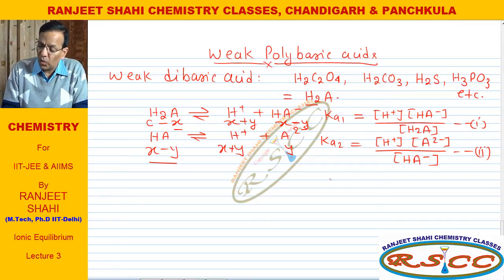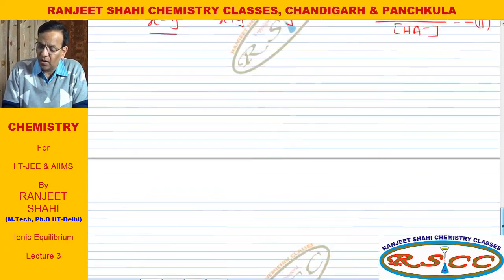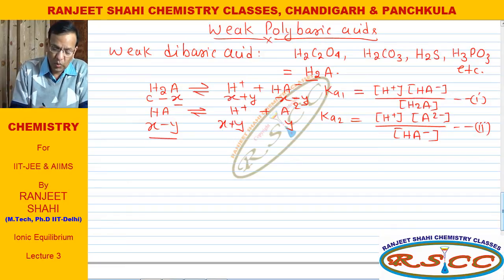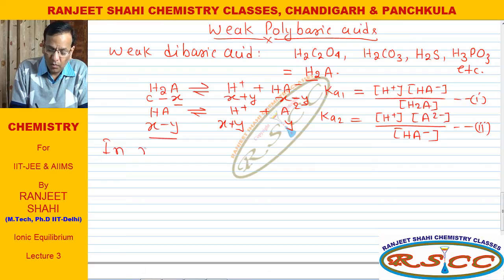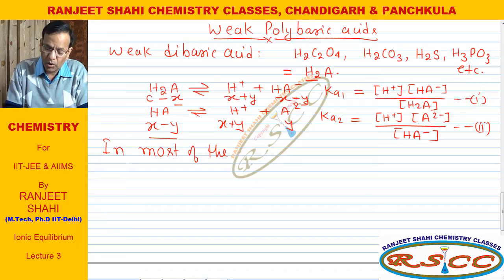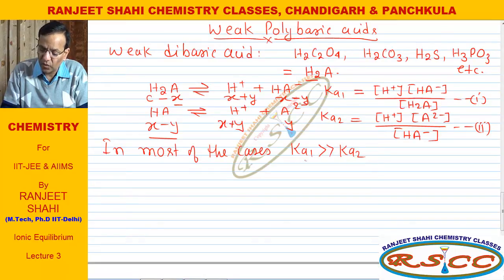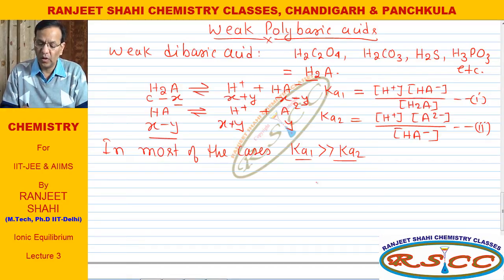So what we can do with the knowledge of K1 and K2: it has been observed that in most of the cases, K1 is much greater than K2. So in solution, the major contributor of hydrogen ion will be the first equilibrium.